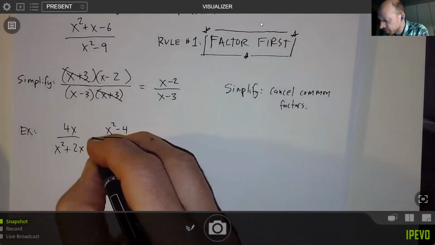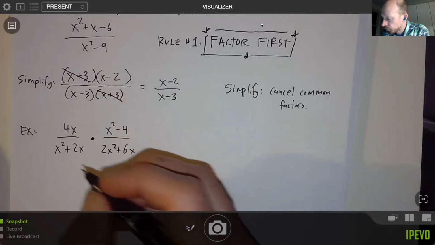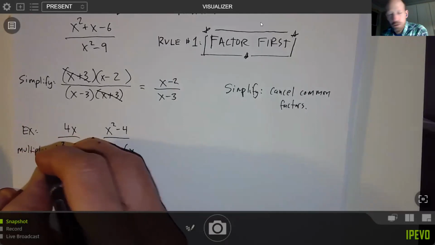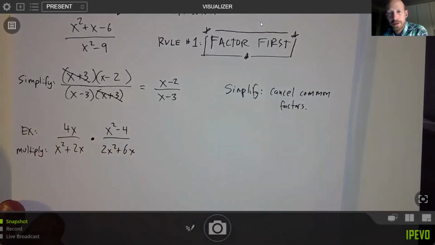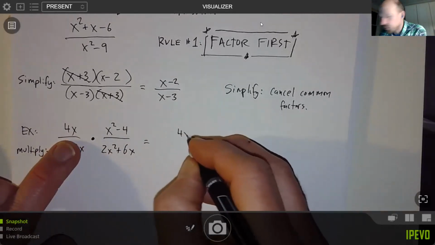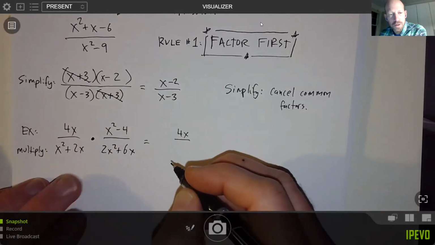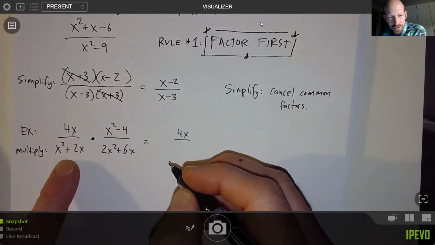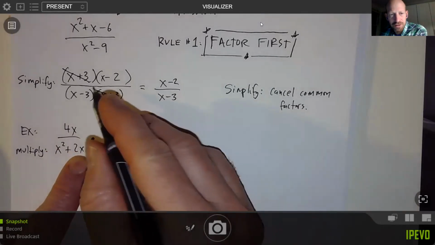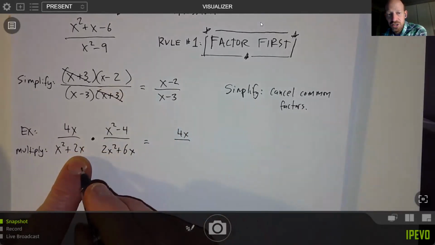Now, it does turn out this is a multiplication problem, so I would have to tell you what you're trying to do, which is to multiply. But it turns out that's not important. What I need to do is factor it. So the top here is already factored. That's fine. The bottom, be careful with these. These are fairly common in the problem. They look like they might factor like one of these, but they're really just a GCF.